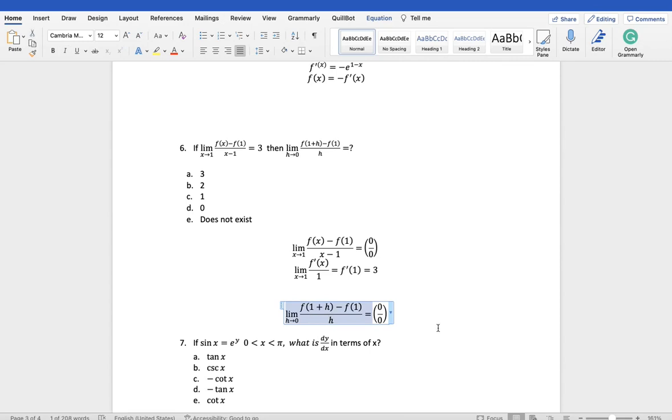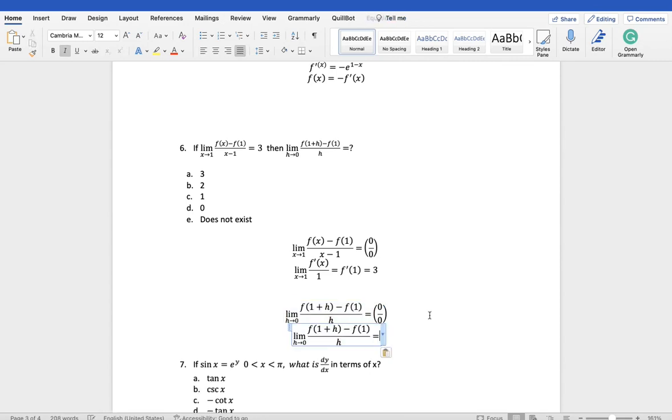So if you take this and apply L'Hopital's rule to this problem, again, f of 1 is a constant, so it goes away, and you're left with the derivative of f of 1 plus h, right? And in the denominator, you have the derivative of h in terms of h, which is just 1, right?